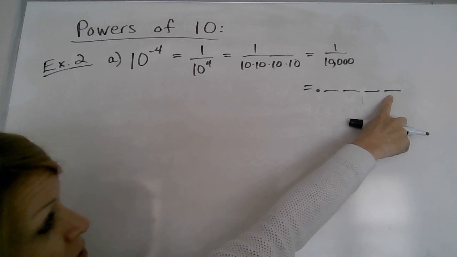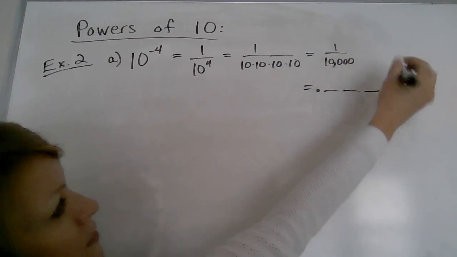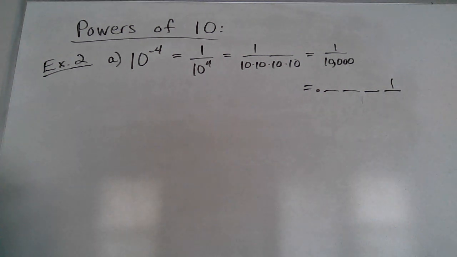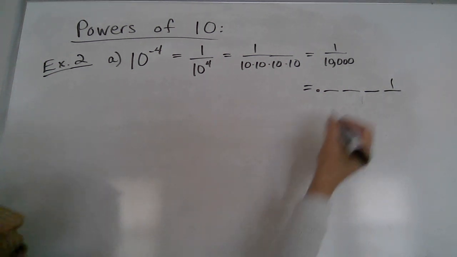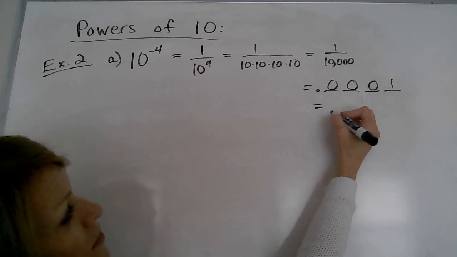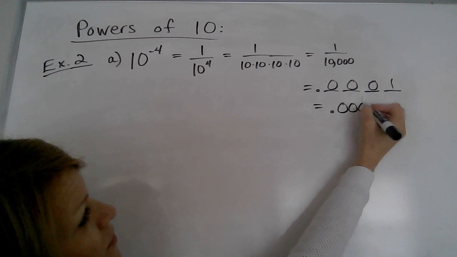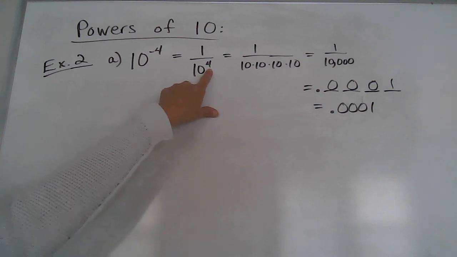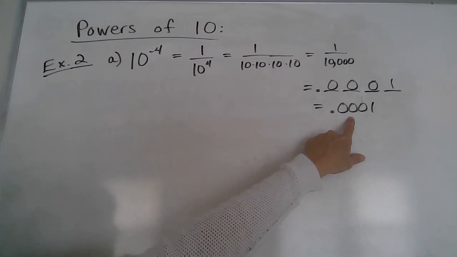How many 10,000ths do we have? 1. So that's what sits in the 10,000ths place. And you fill in those empty spots with zeros. And so our answer is 0.0001.